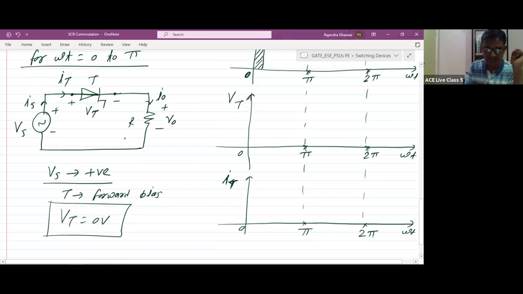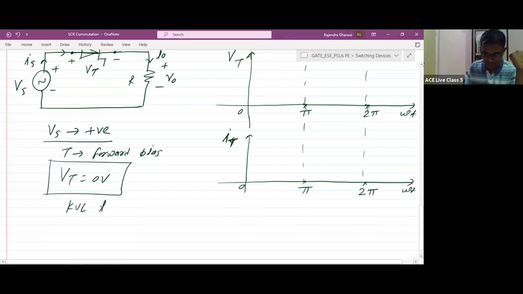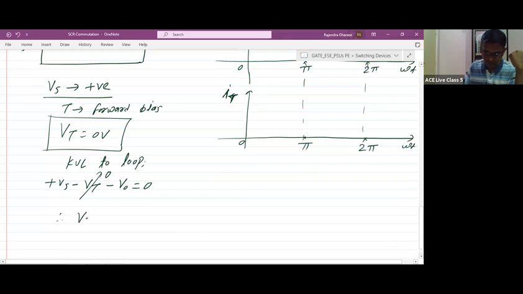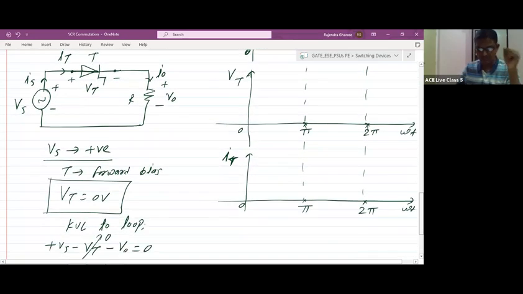KVL to the loop: plus Vs minus VT minus V0 is equal to 0. Out of that, VT is 0. So what is V0? Therefore, V0 is the same as the supply voltage. We have not drawn the waveform of V0. We can draw it, but it is not required here. So V0 is Vs.